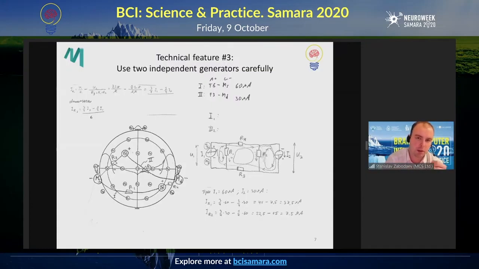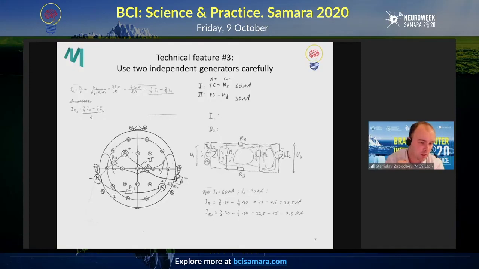And there was another example when we wanted to use 30 milliamperes, but because of the second generator, we ended up using 7 milliamperes, which is pretty much negligible. So I believe that it would be pertinent to use just one generator, which should be commutated to several electrodes.